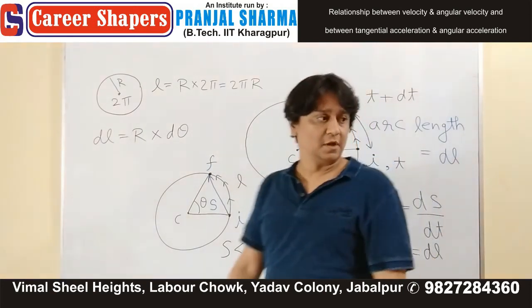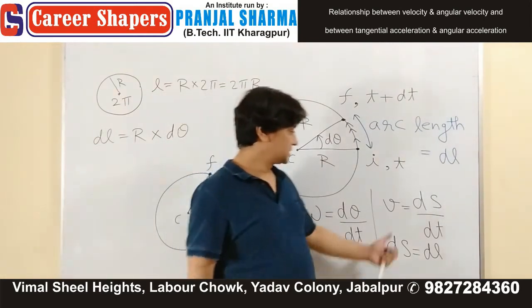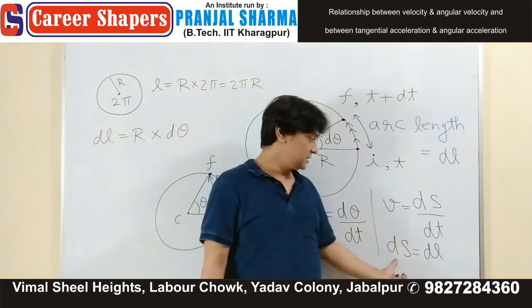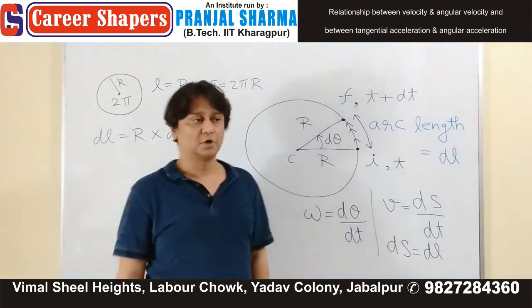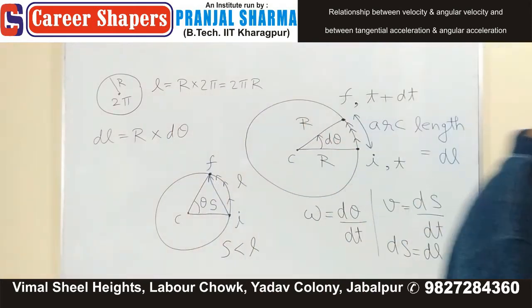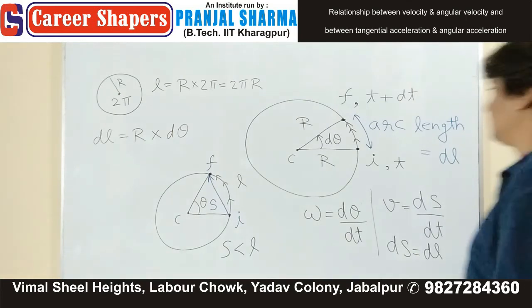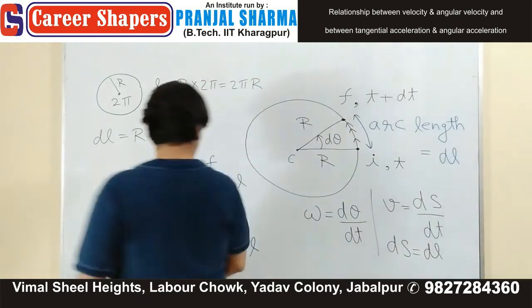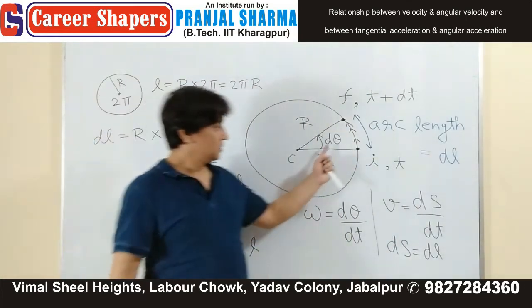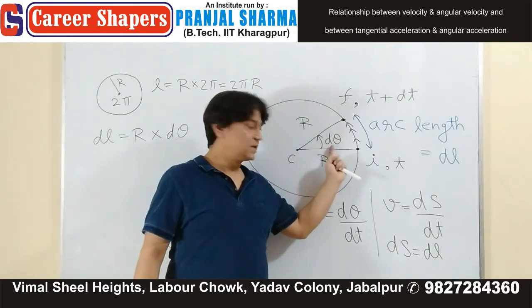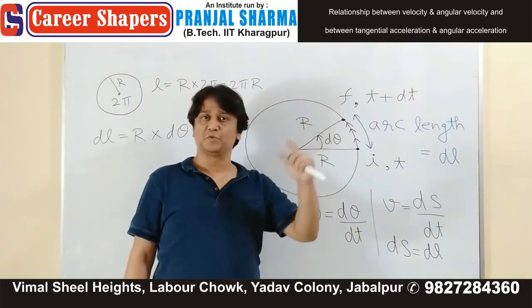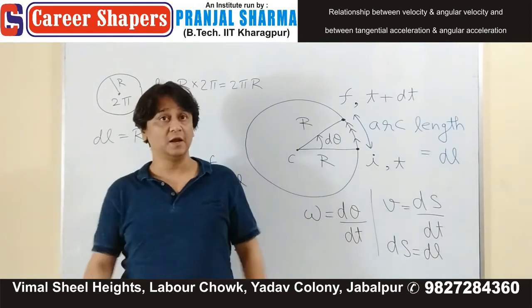Distance. But the question I'm asking is, can I use ds as dl? Yes or no? Good. The answer is yes, we can. Why? What is this d theta? Something which is very, very small.